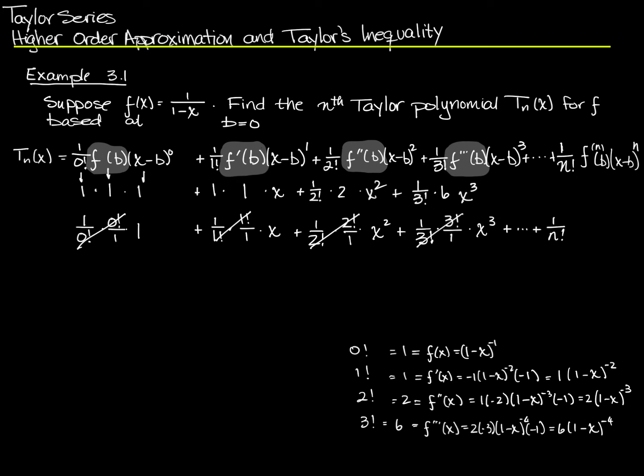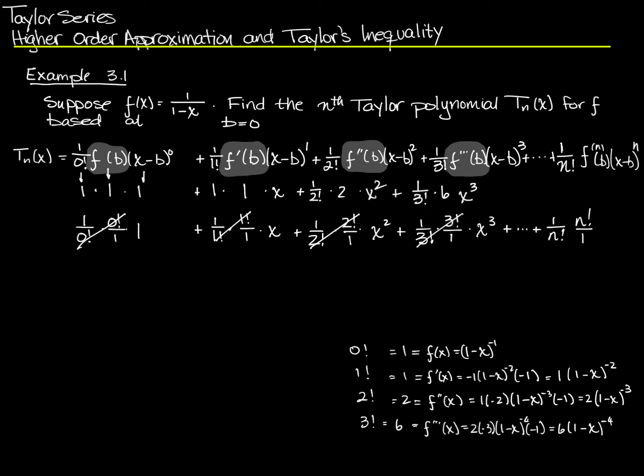So if that's the case, if every single one of my f of b, f prime of b, the second one was 2 factorial, the third derivative was 3 factorial, then probably the nth derivative is going to be n factorial, and that also matches this other pattern we have in the first several terms.